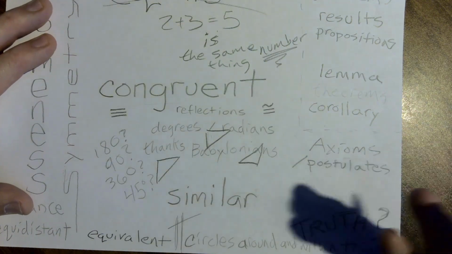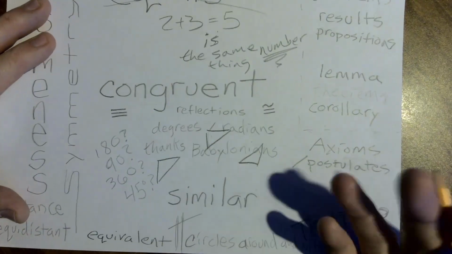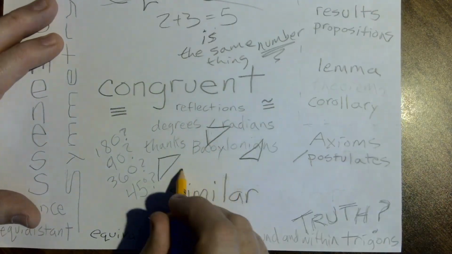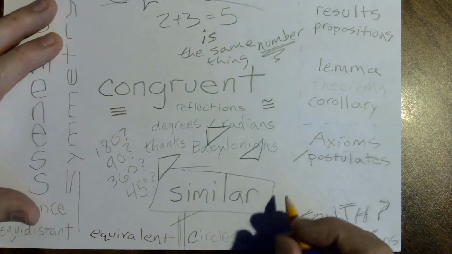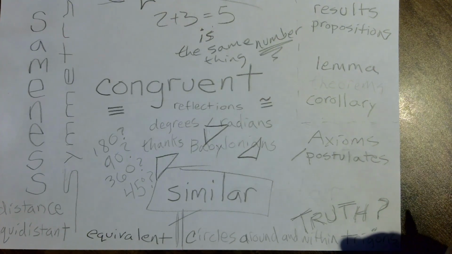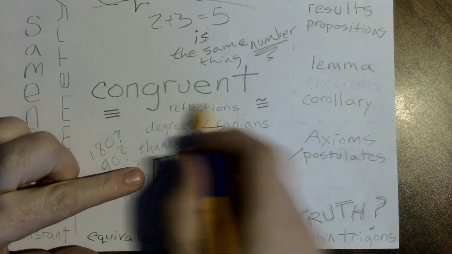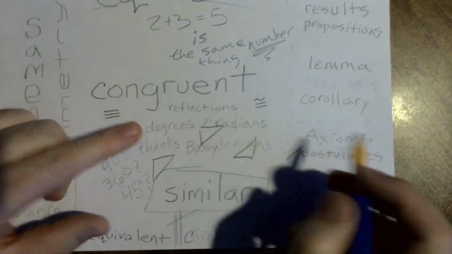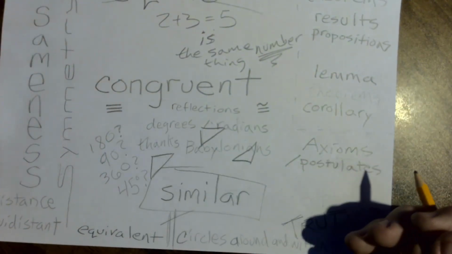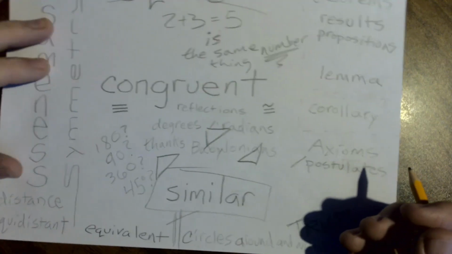It's not facing the same way. So there are even more differences, yet we could say they're congruent. Similar is when polygons have the same shape, but they could be different sizes. Congruency is same shape, same size, or same angle measurement, same length of line segment.